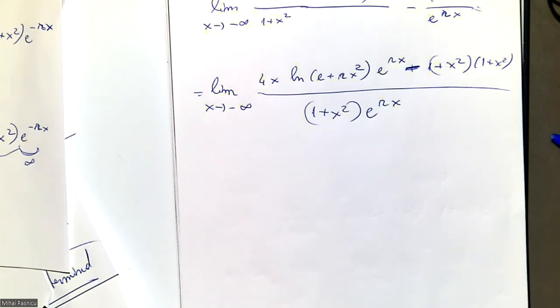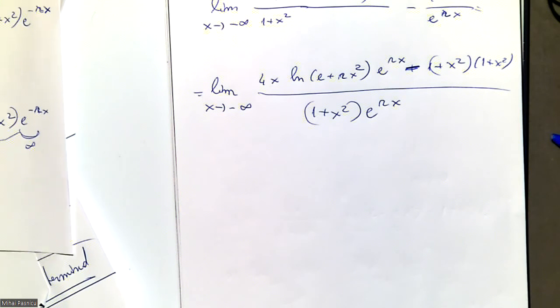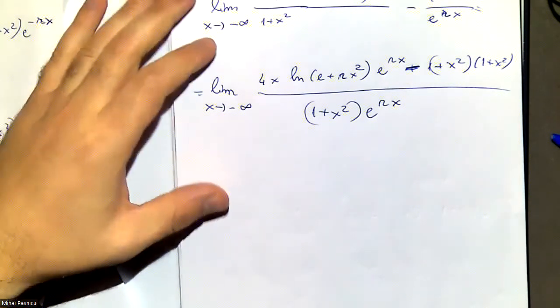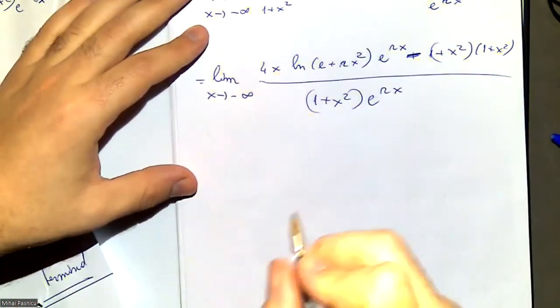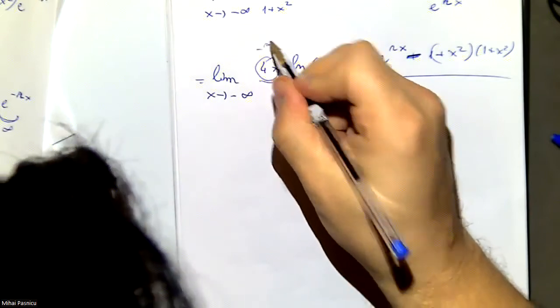Okay. Let's attempt to evaluate it now. Attempt, remember, the keyword is attempting. It's always good to evaluate, like always. This is minus infinity.